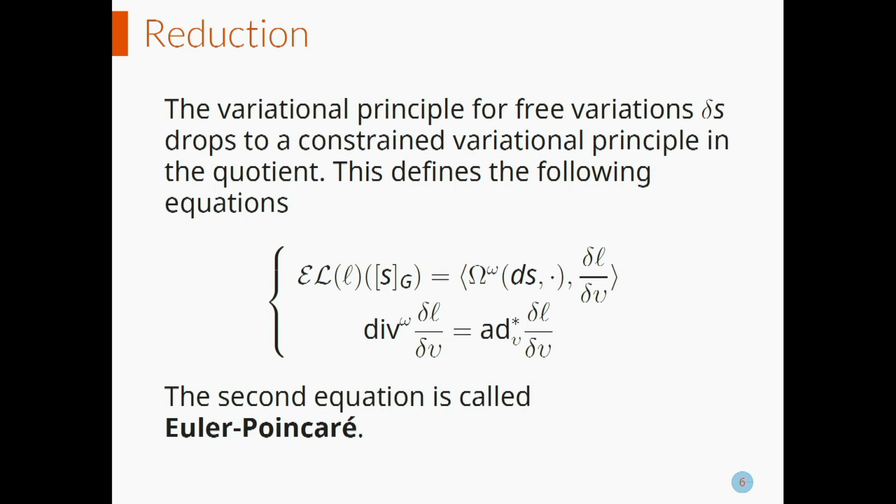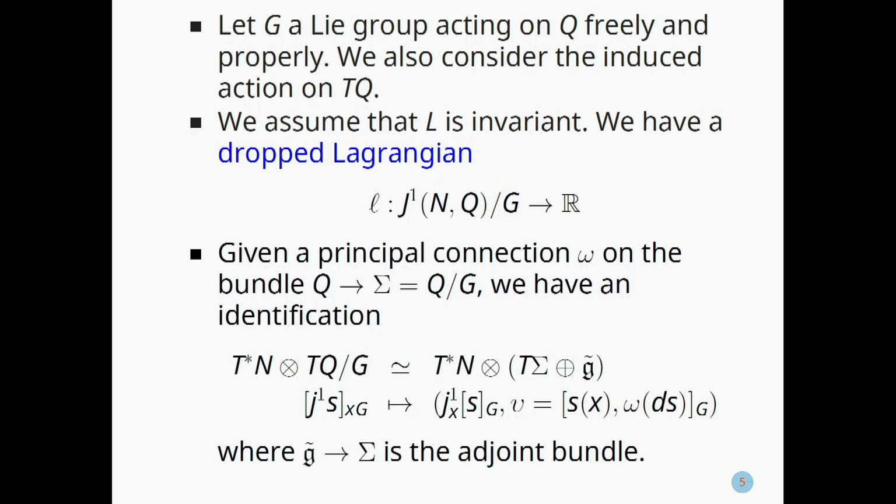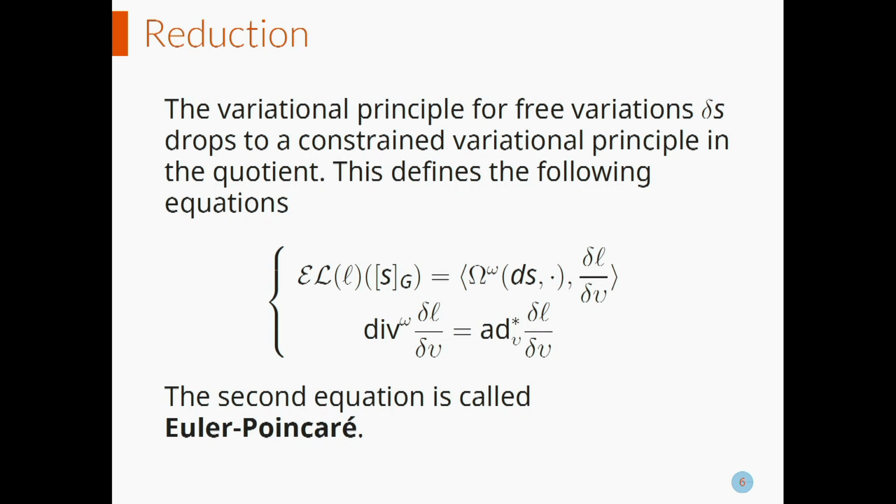So how is reduction? Reduction now is composed of two equations because we have these two variables. Let me go back. So we have this times this and this times this. The first one is a jet bundle, and the other one is the jet bundle of the reduced space sigma, and the other one has new variables. So we have new equations.